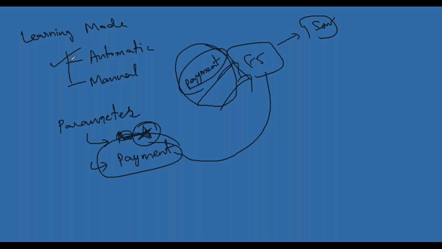So if it is difficult for you as administrator to manage all the security policies, then you go for the automatic method. Or if your application is quite complex, with various components, maybe thousands of URIs, thousands of parameters, you cannot go ahead and add each manually. So in those scenarios, you can just keep your learning mode as automatic.